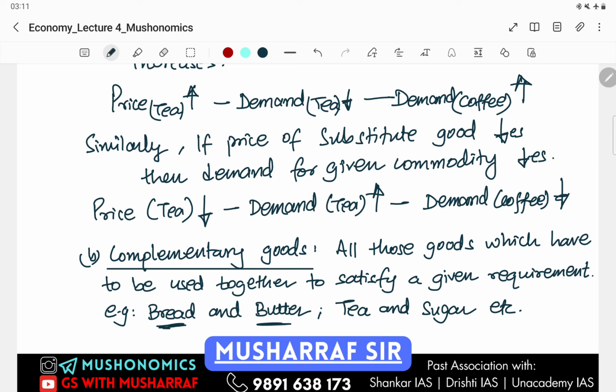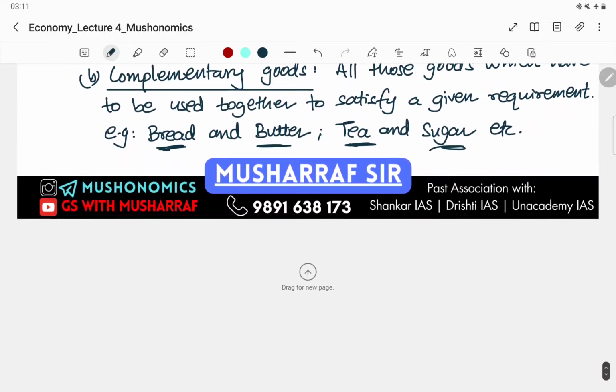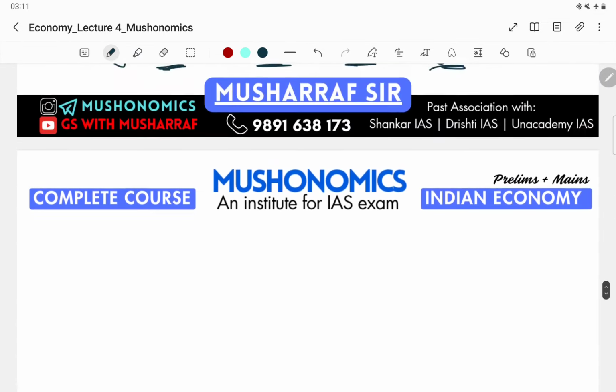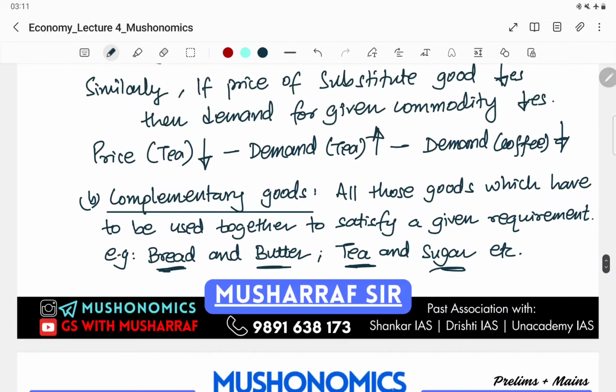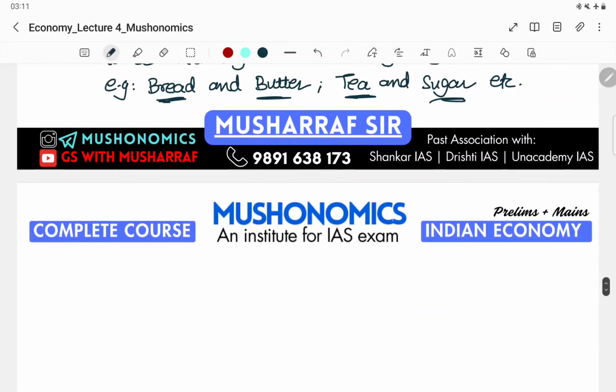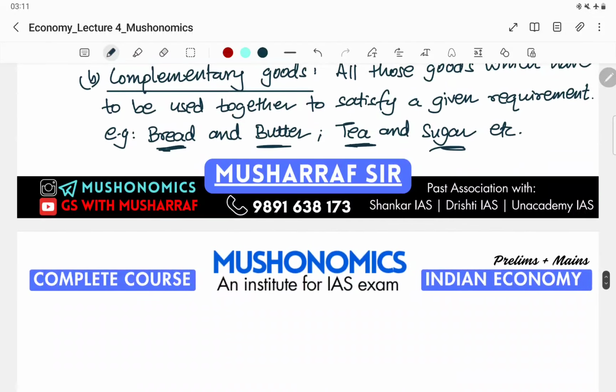If you are using bread, you are using butter together. If you are using tea, you are using sugar with it, right? So this is an example of what? Complementary goods. Now let us see how the law of demand works here.